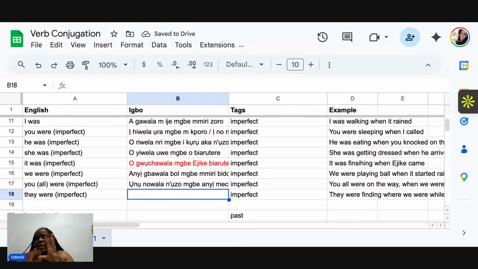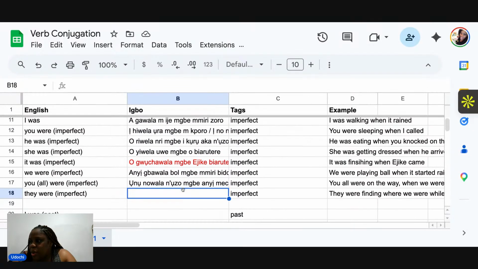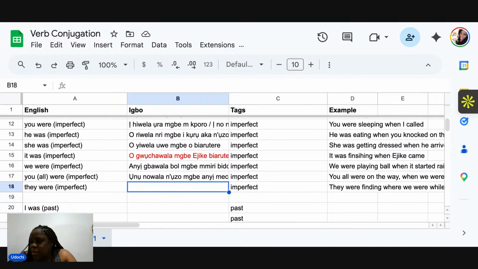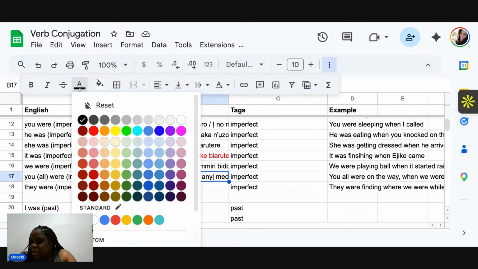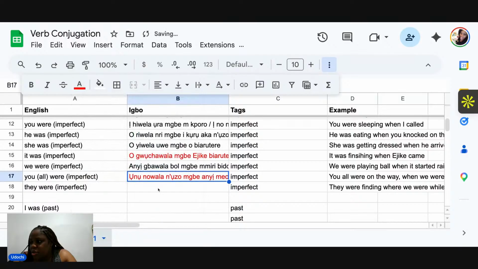Okay. Unu nawala n'ụzọ mgbe anyị mechawala. I'm gonna put this in red too, so that I can ask my Igbo teacher later.